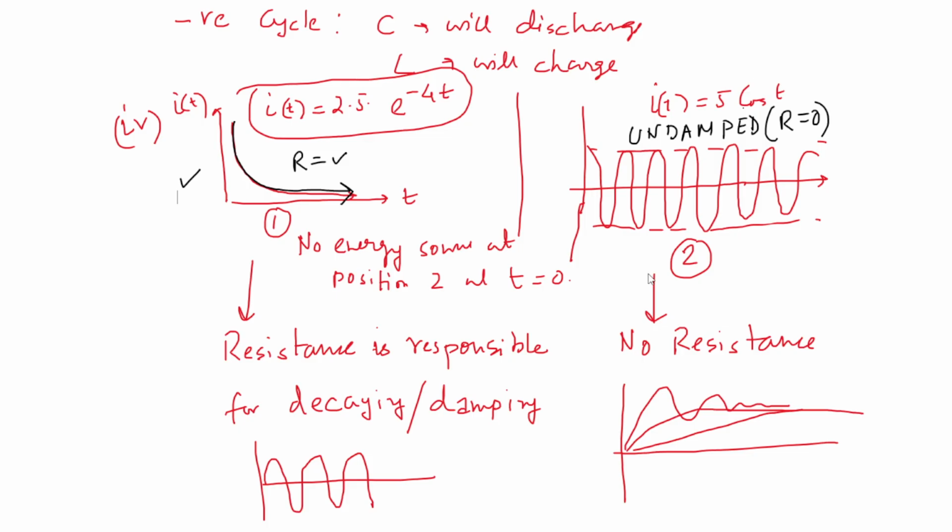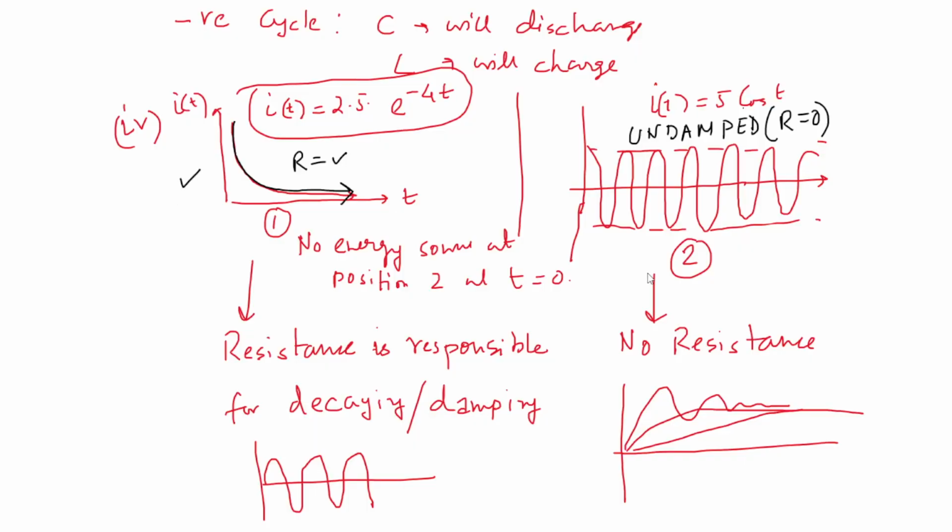So we have understood that resistance is the only element which causes damping. When you come across either underdamped, critically damped, or overdamped response, this means there is damping. What is the main cause of that damping? It is the presence of resistance.